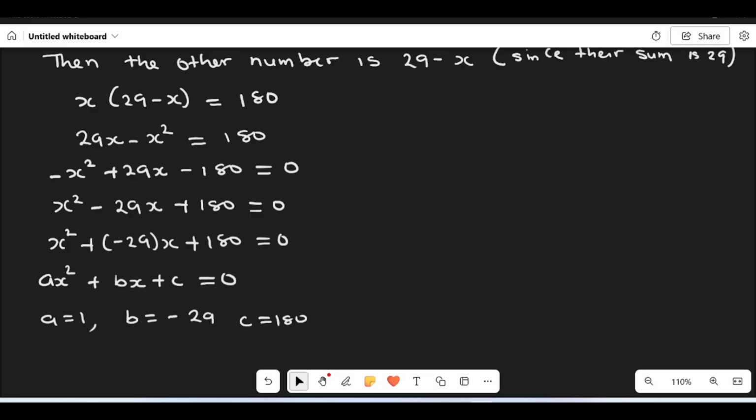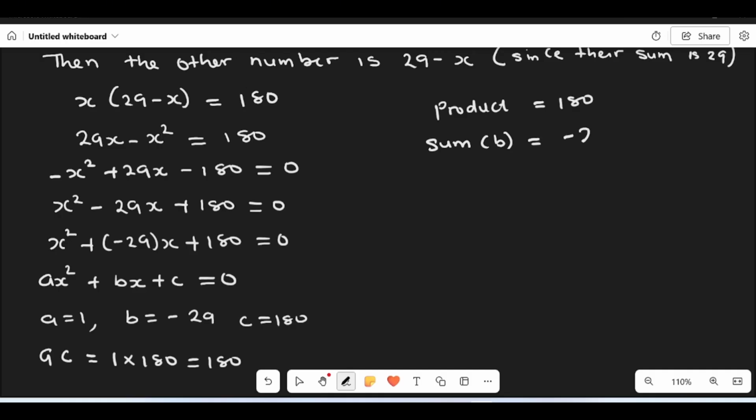Multiply a and c together. ac equals 1 multiplied by 180, which equals 180. Find two numbers whose product is 180 and whose sum is minus 29, the sum being b.